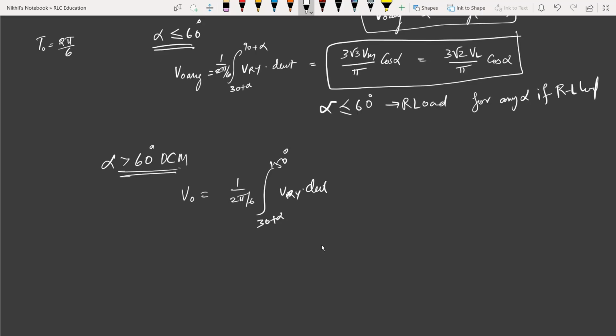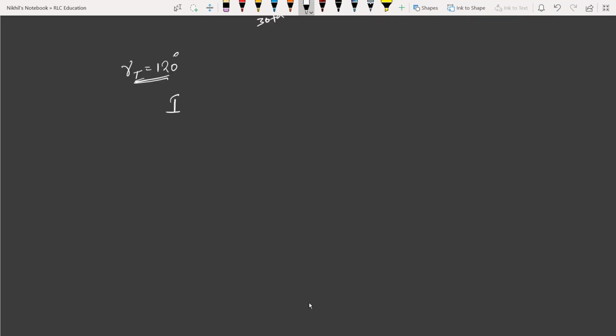Upon solving this you will get 3 root 3 Vm by pi into 1 plus cos of 60 plus alpha. And again, I told you the thyristor conduction angle is always 120 degrees in all converters. So IT average will be I0 by 3 and thyristor current RMS will be equal to I0 by root 3.